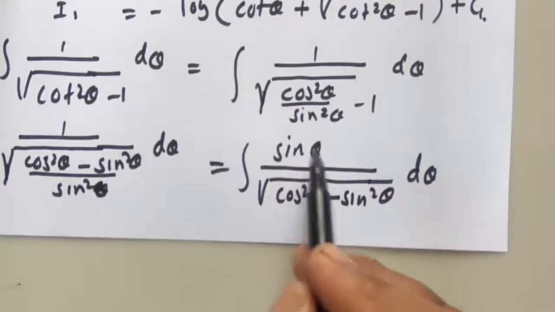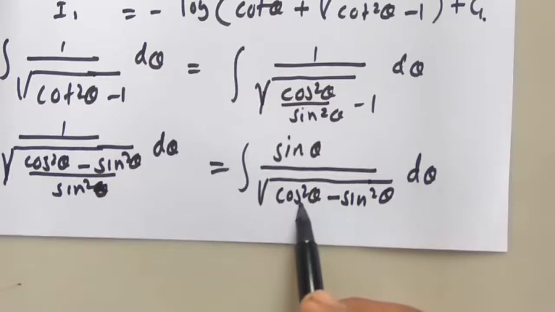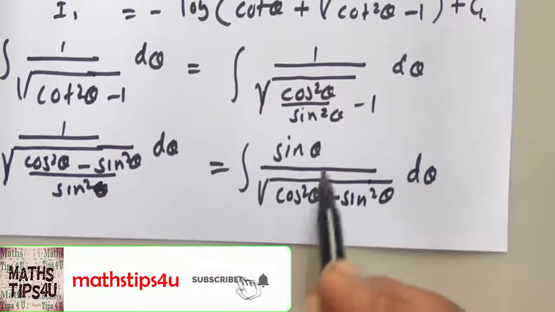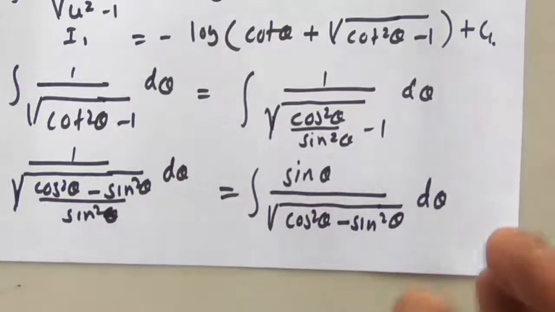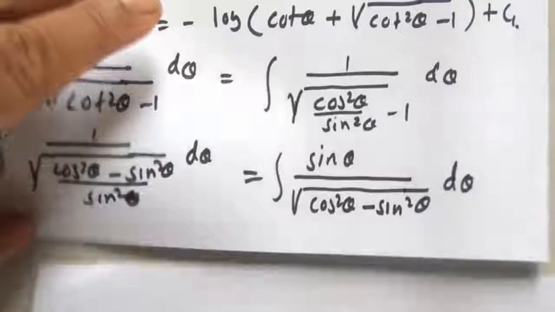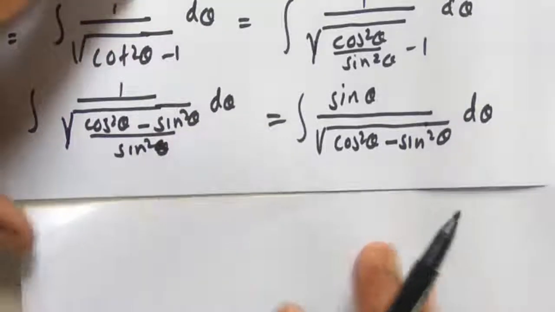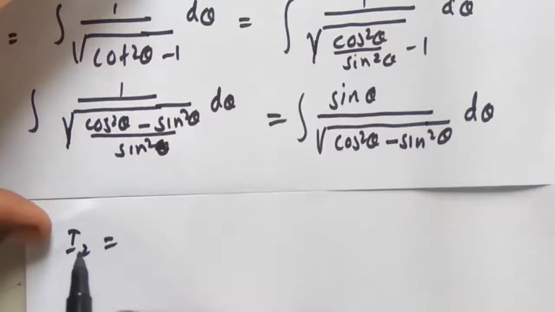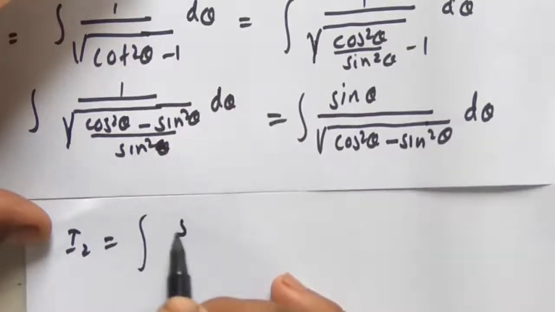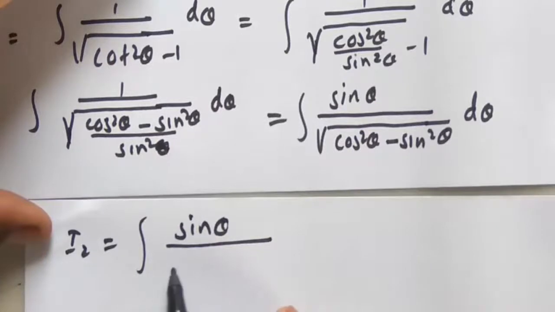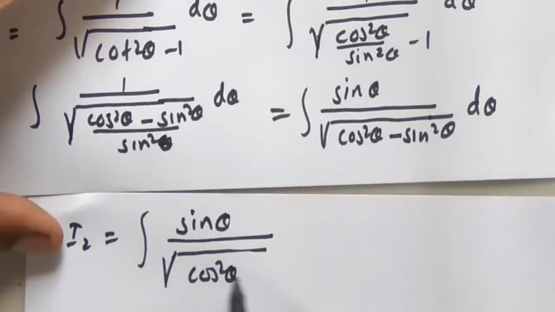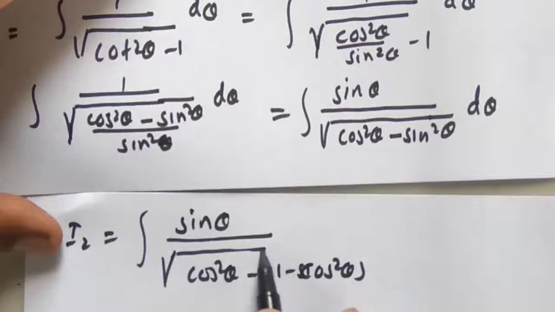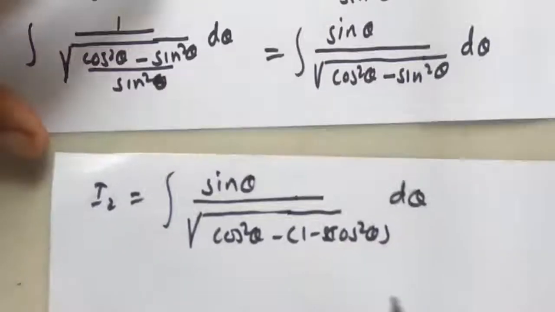Now in the numerator it is sin. Now we convert this sin into cos. We know that the derivative of cos is sin theta. So I2 is equal to the integration of sin theta upon under root of cos square theta minus 1 minus cos square theta. Sin square theta is equal to 1 minus cos square theta, identity number 1.